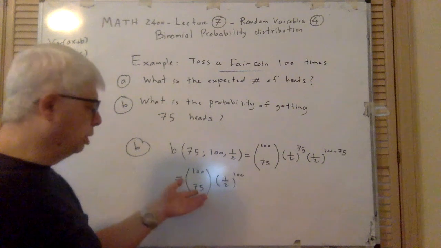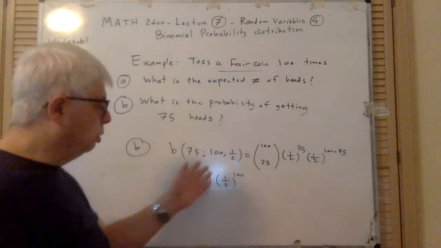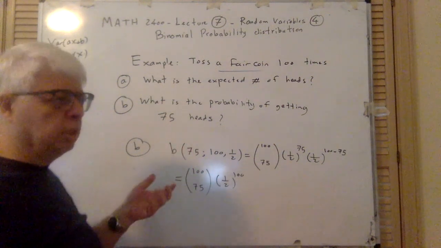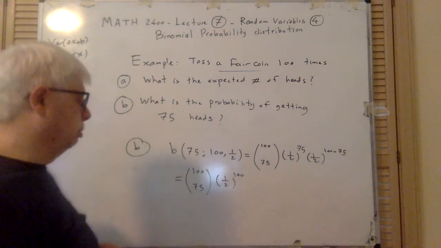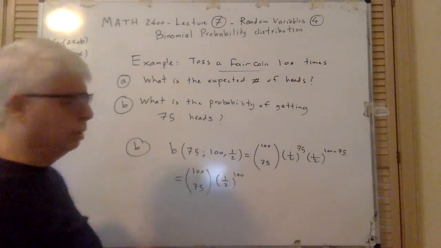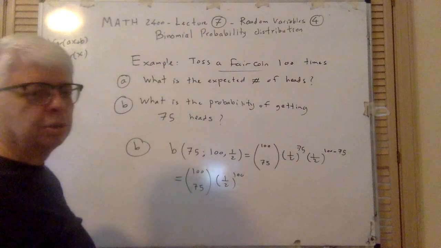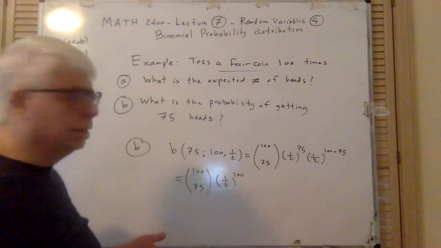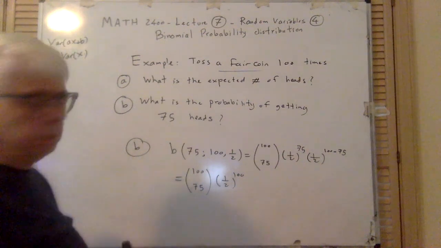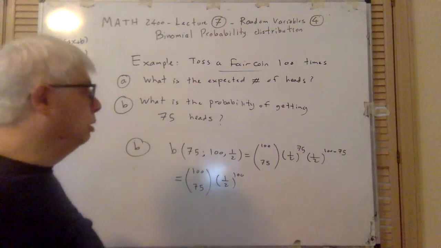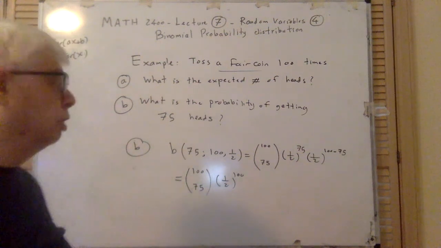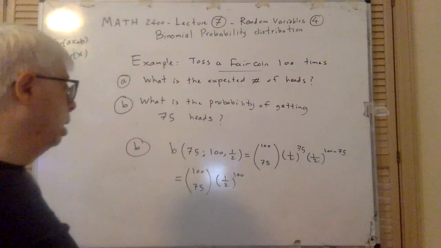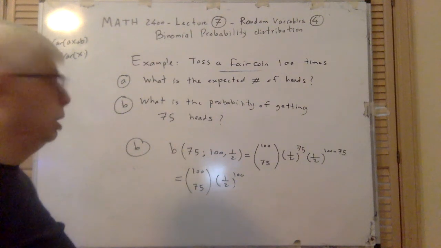That's almost 0, but the binomial coefficient is a large number, and a large number times a small number gives you something. It's not 0, it's close to a very small number. As I said, I don't have my calculator here, so let me just stop here.